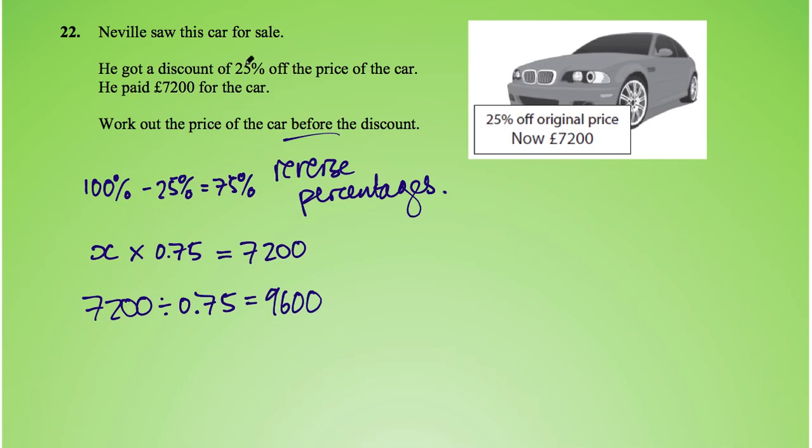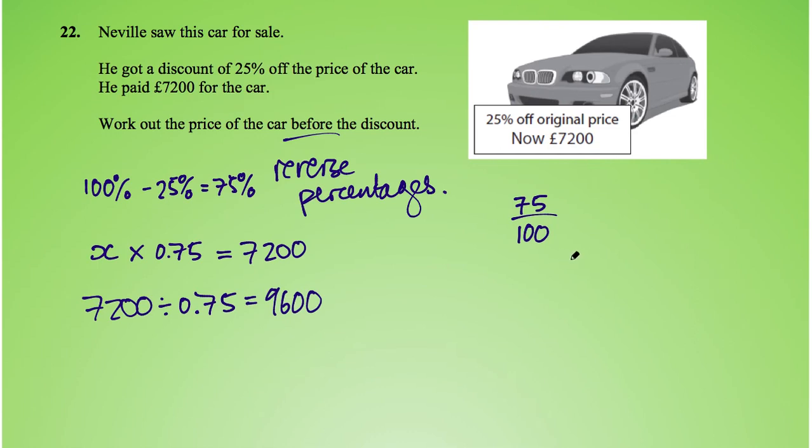The other way to think about it is that it's going to be the same numbers, but as I said before, 100% minus 25% is 75%. So 75% is given by the 7,200.